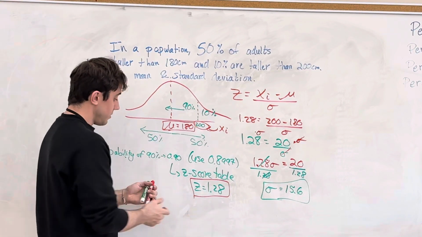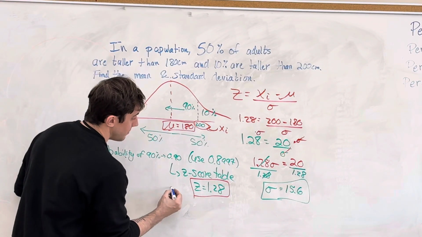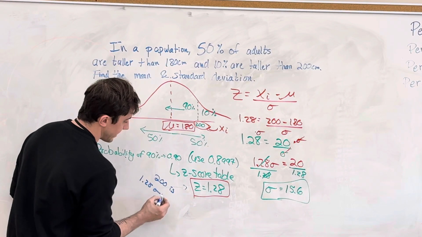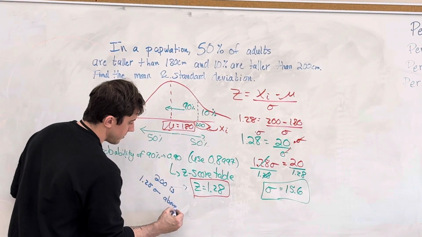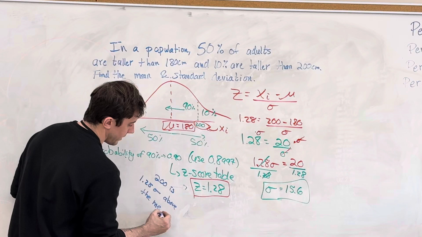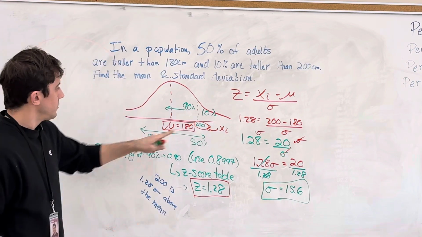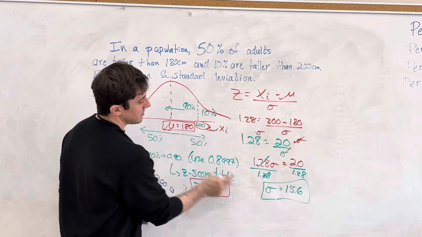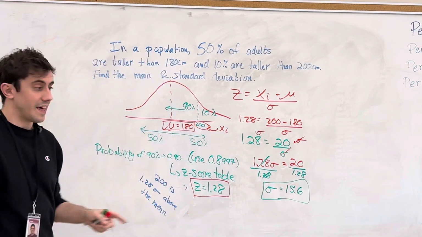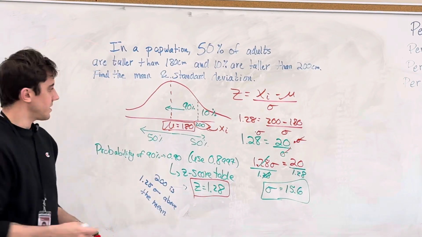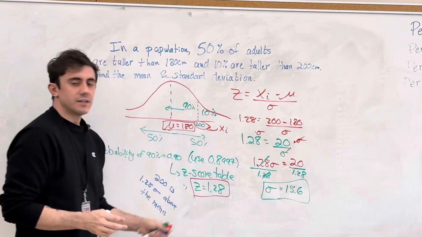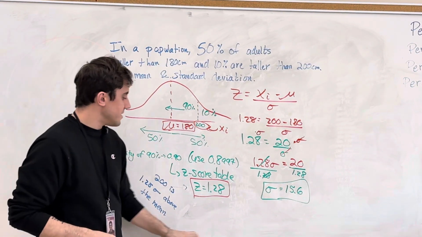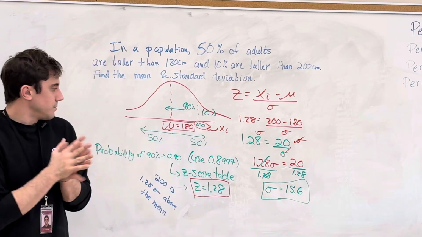A z-score of 1.28 means that 200 is 1.28 standard deviations above the mean. 200 is 20 centimeters away from the mean. Does it make sense that 20 divided by the standard deviation is roughly that many standard deviations above the mean? That certainly makes sense. 20 divided by 15.6 is about 1.28, and so that should give you some confidence that your answer is reasonable. I hope this helps, and thanks for watching.